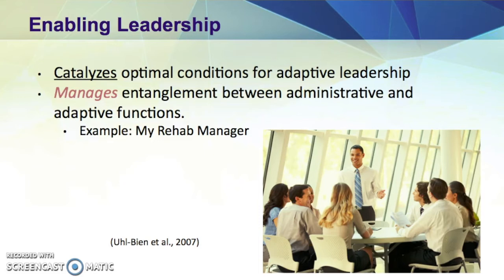And we also have the enabling leadership as the other function of leadership in a complex system. This type of leadership catalyzes optimal conditions for adaptive leadership and manages entanglement between administrative and adaptive functions. One example of this, I thought about my rehab manager.